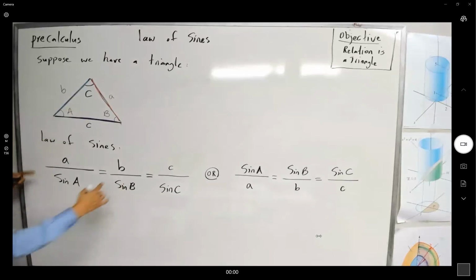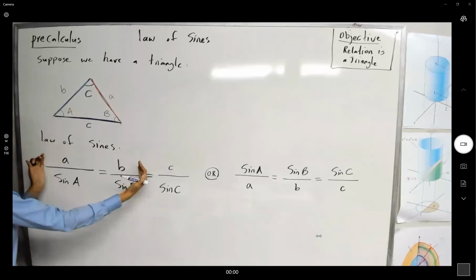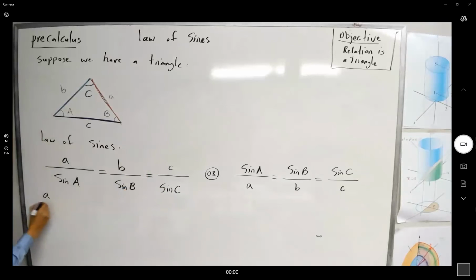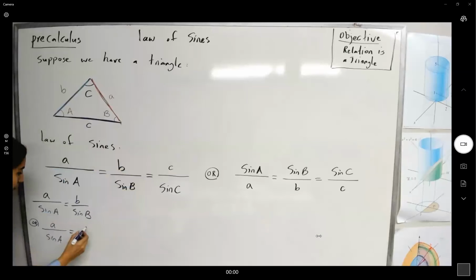It means that you can set these 2 fractions equal to each other. A divided by sine A is equal to B divided by sine B. Or you might say, I'm going to set A divided by sine A equal to C divided by sine C. These are all coming from algebra.